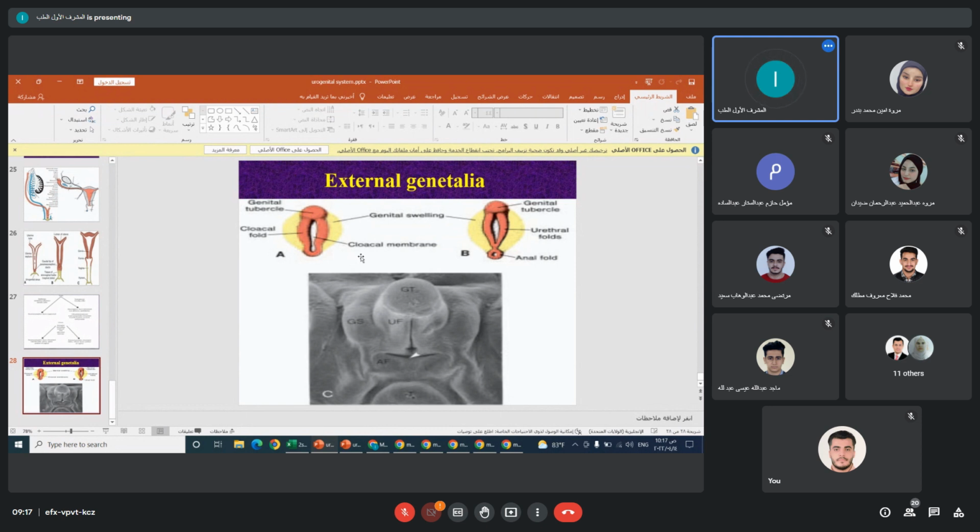In the male, as I said, under the influence of dihydrotestosterone, which is secreted from Leydig cells, the genital tubercle elongates and will form the phallus, that is to say, the penis. The urethral fold also extends with it and forms the urethral groove. Then this fold will unite to form the urethra.